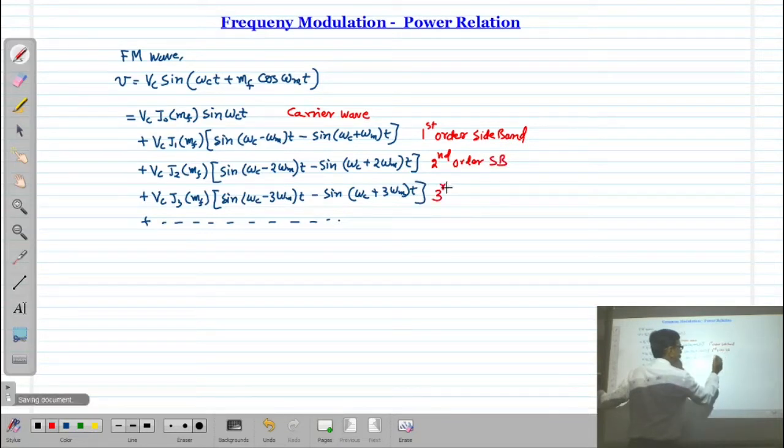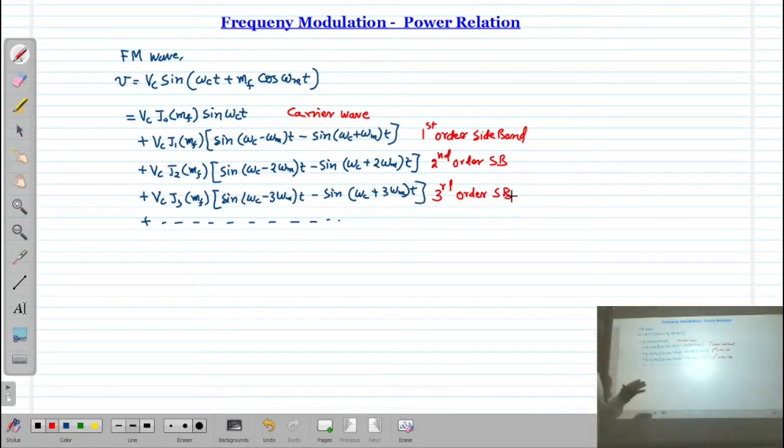This one is a third order sideband, and in this way the frequency modulated wave has an infinite number of sidebands. But now, what is the amplitude of the carrier wave? Remember, the original amplitude of the carrier wave is Vc, but now it is multiplied with J0(Mf).